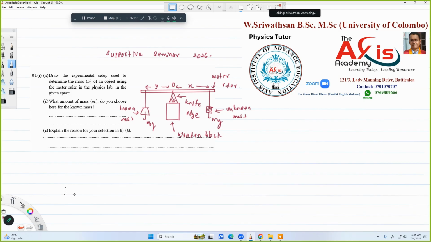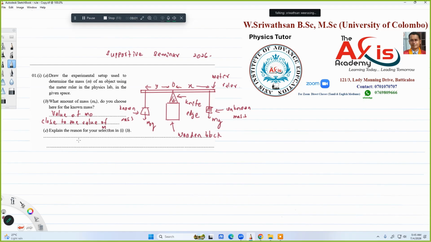It's your own choice; no need to write the exact answer on the scheme. But this m naught should be comparable with this. Then only x and y can be measured in a wider range. So, the value of m naught close to the value of m.